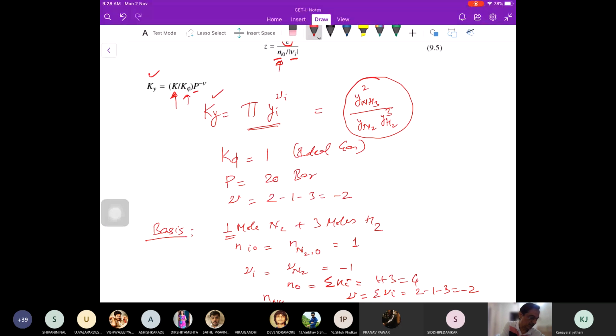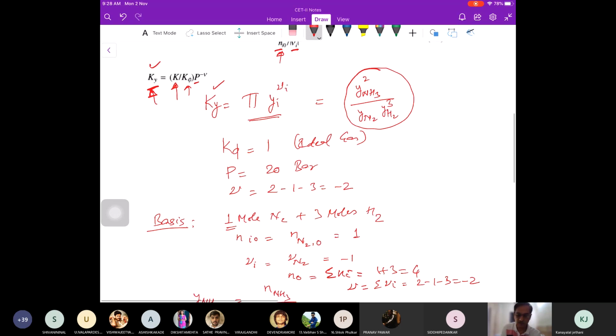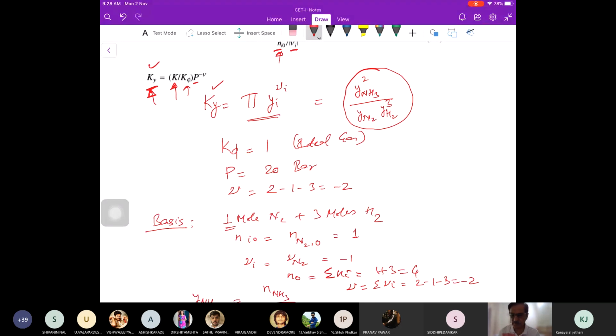Substitute k, p, nu, find the ky value first. Then substitute for y in this equation and find the value of epsilon. Okay, did people understand? Let me know the value of ky. Do it quickly. First find out the value of ky.